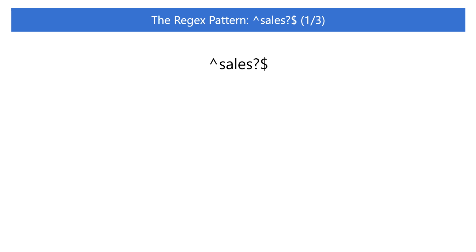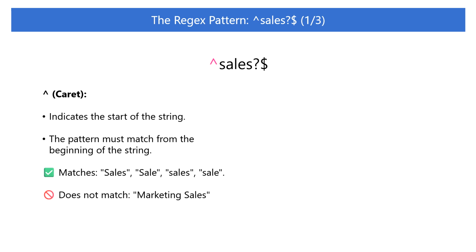Let me break down the regex pattern we set here. First, the caret indicates the start of the string. The pattern must match from the beginning of the string. Entries like Sales and sales will be included with the case insensitivity. The reason why sale is also included will be explained later.